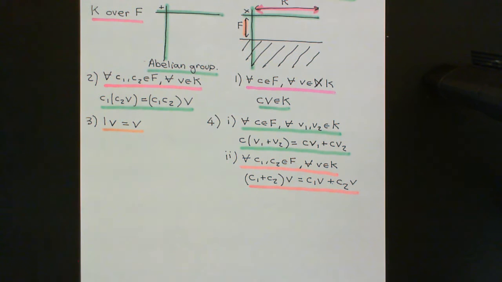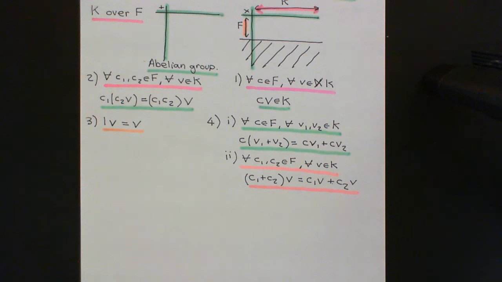So there, it does obey the axioms of a vector space. Whenever you have a field extension K of your smaller field, capital F, you can always view that larger field as being a vector space over the smaller field, capital F.